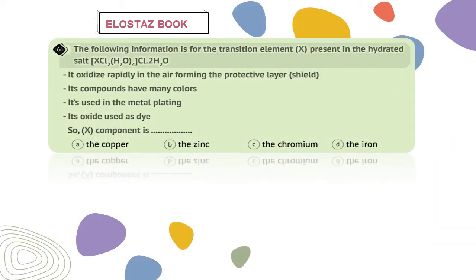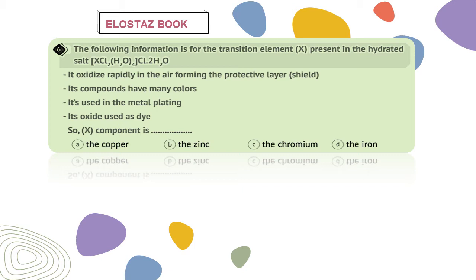Question 6, I think, is one of the very important questions that depends on the chemical formula or the oxidation number. The following information is for the transition element X, represented in the hydrated salt XCl2·4H2O.